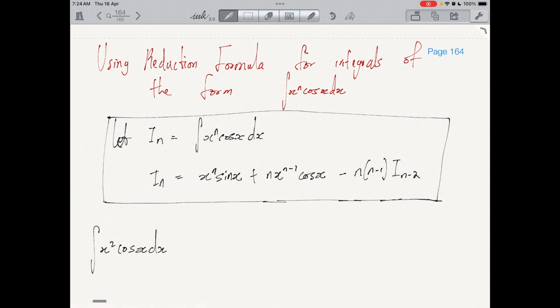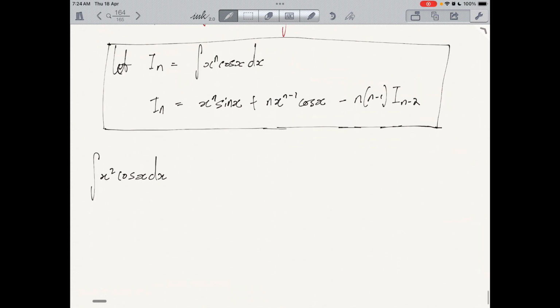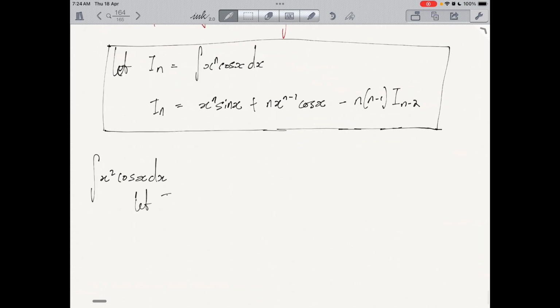But using the reduction formula, we can say, let I_2, because comparing this to this, we have that n is equal to 2. So we can say let I_2 be equal to the integral of x raised to power 2 cos x dx. Therefore, we can find an expression for I_2.